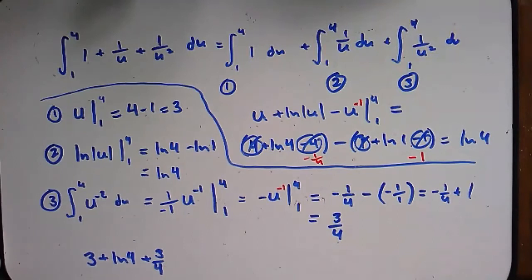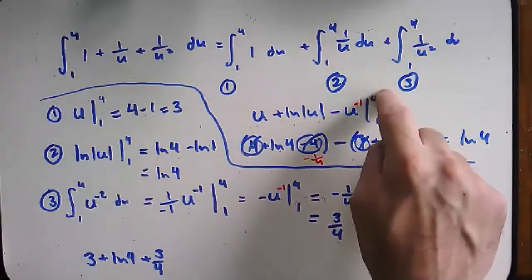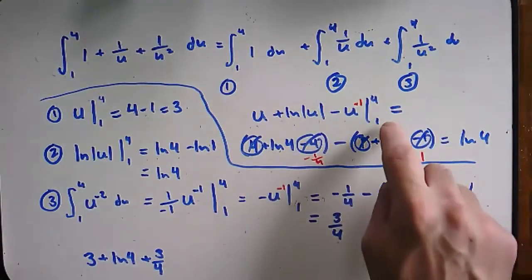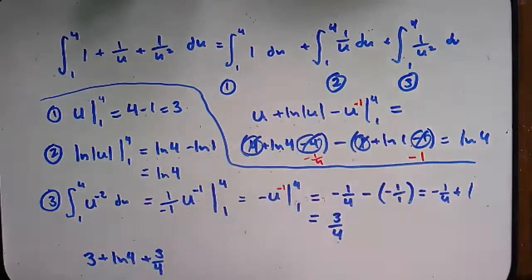Here's my summary on this problem. If you have a whole bunch of things added together, feel free to do them individually as separate definite integrals, or feel free to do them all at once. The one mistake I see quite a bit is when you have a complicated antiderivative, like I do right here, and plug in the upper endpoint and the lower endpoint, we're going to subtract this entire expression with the lower endpoint plugged in.